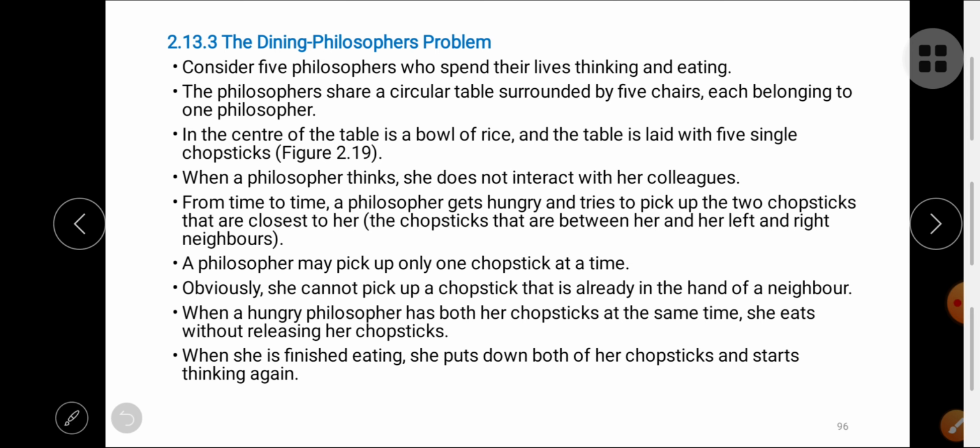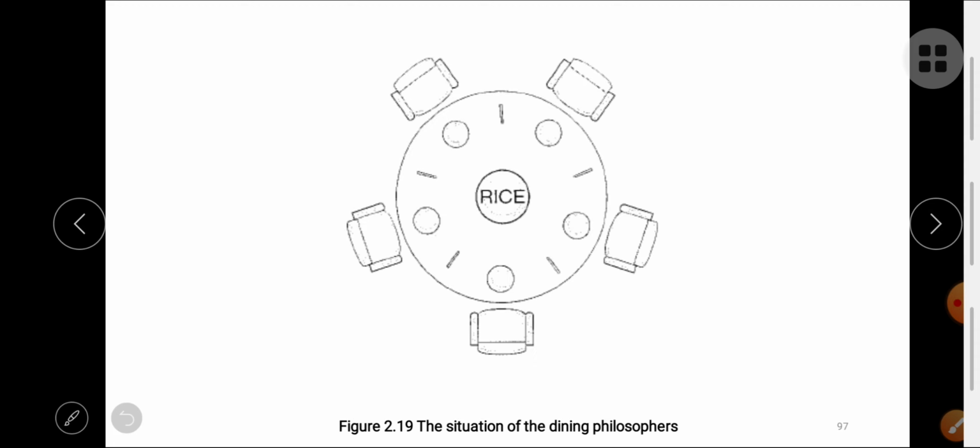It means that a philosopher, the person who is eating, can take only a chopstick from his right side neighbor and one more chopstick from his left neighbor. Okay, so if it happens like this, here it is.